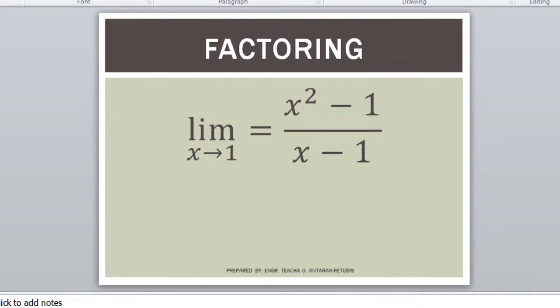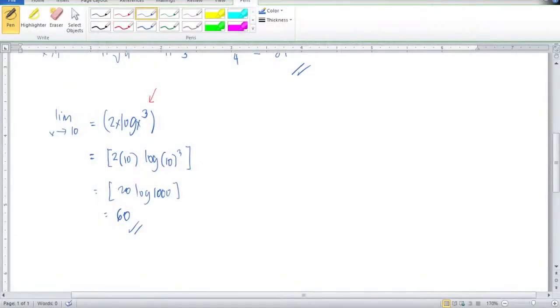Let's put it here: x squared minus 1 over x minus 1. So we have the limit as x approaches 1. We have said all you have to do is put in the 1.